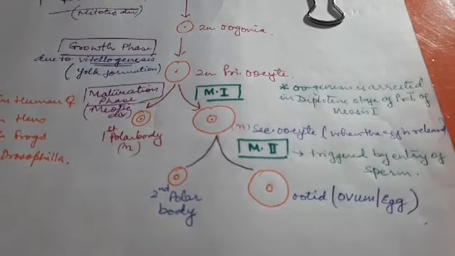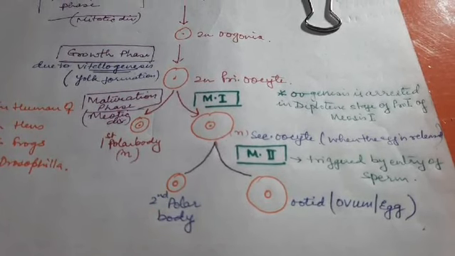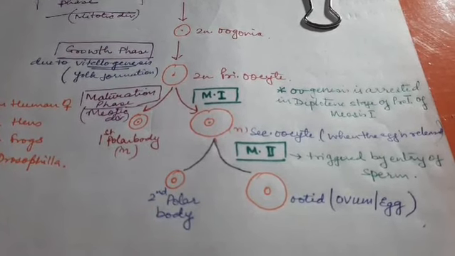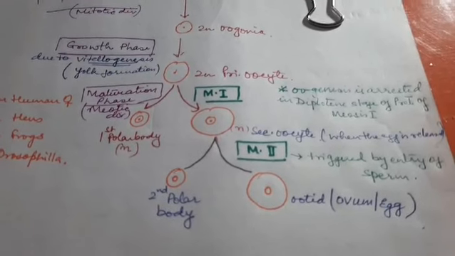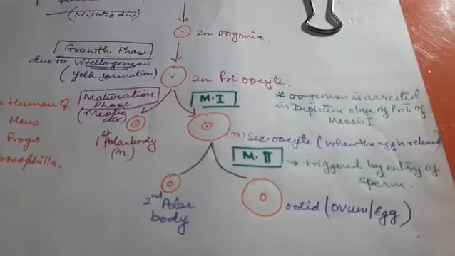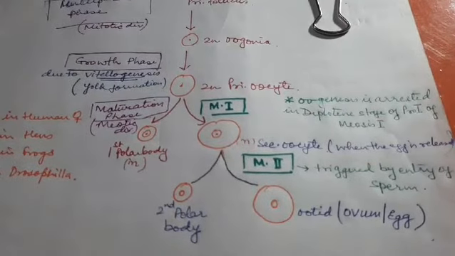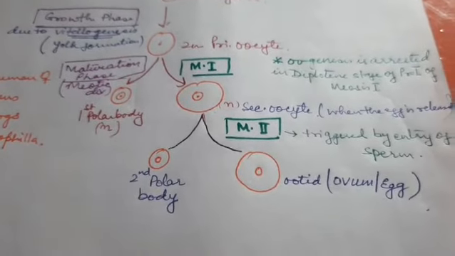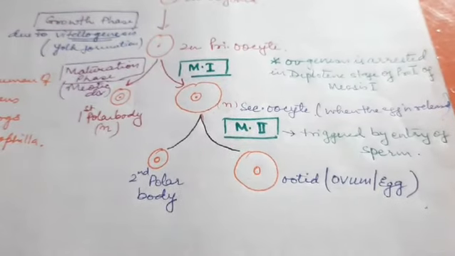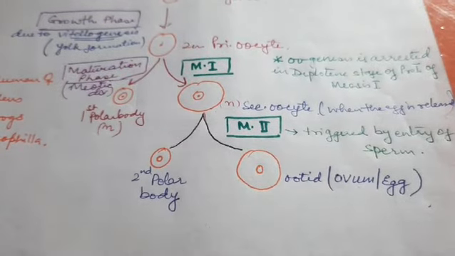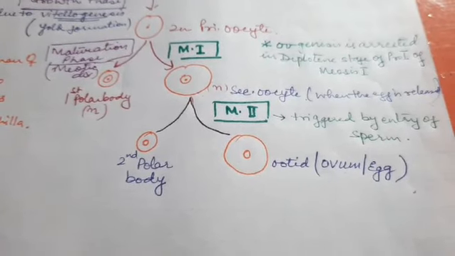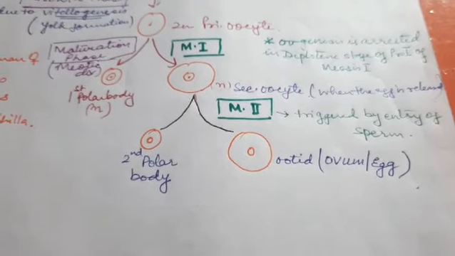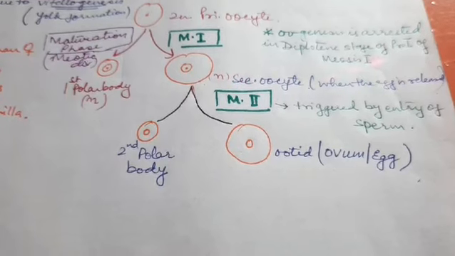This tiny cell is now called the second polar body, and the other bigger one is called ovum or ootid or egg. Egg formation takes place only when the sperm enters. So this second division, meiosis 2, is only triggered by the entry of the sperm. Secondary oocyte is the stage when the egg is released here.